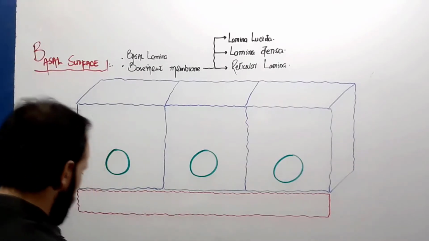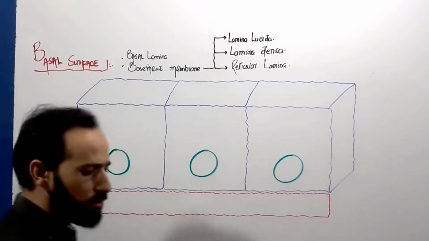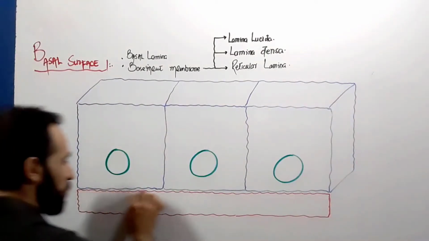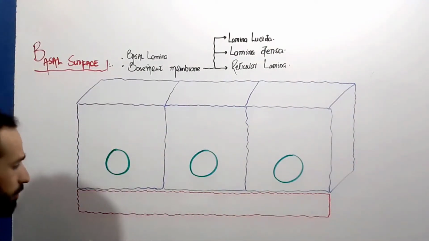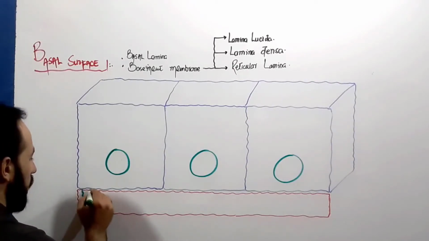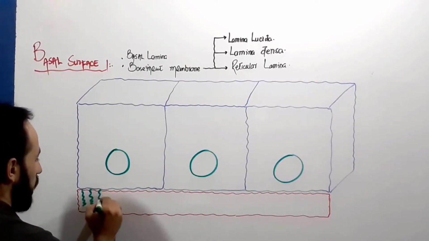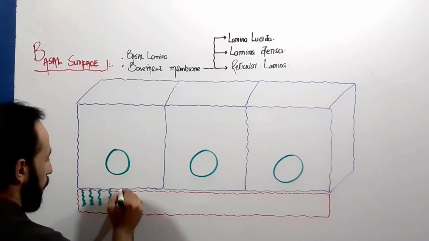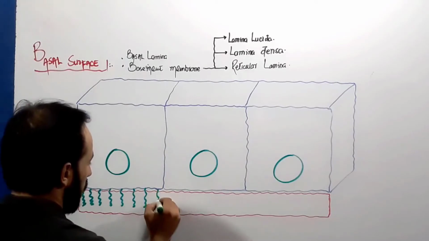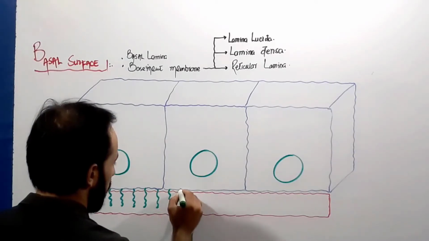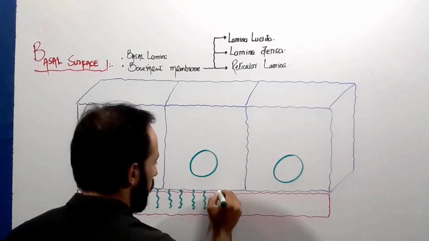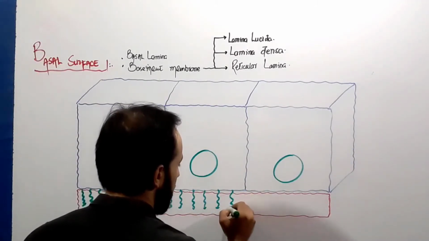First, we know that it is composed of proteins and carbohydrates, right? So what are those fibers which are present here? The first group formed in the lamina lucida are called the integrins. I am making it so simple for clear understanding.